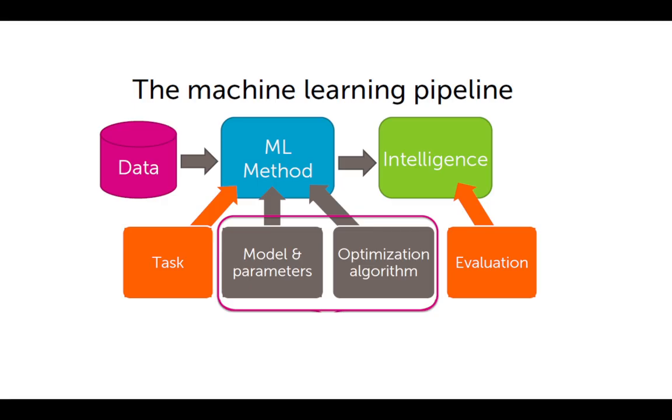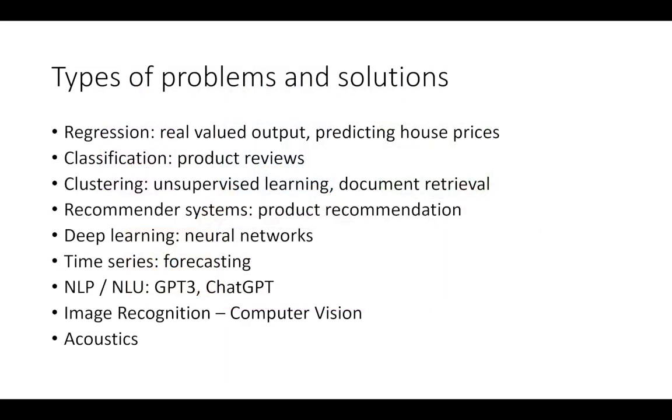It will train the model, update the parameters using some optimization algorithm like gradient descent, and out comes the intelligence that you evaluate, and you can even improve it. It's a cycle that will happen in this machine learning pipeline. Okay, so what are the types of problems and solutions in machine learning? There is regression, right?